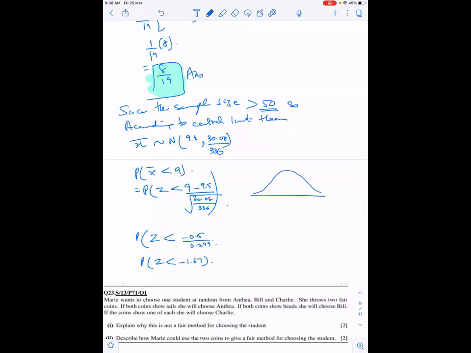Less than minus 1.67 is this part. Okay, so you can write 1 minus phi of 1.67, which will give you the probability. Are you getting this much? Yes. You are assuming it to be this part, and 1 minus phi of this will give you the probability.